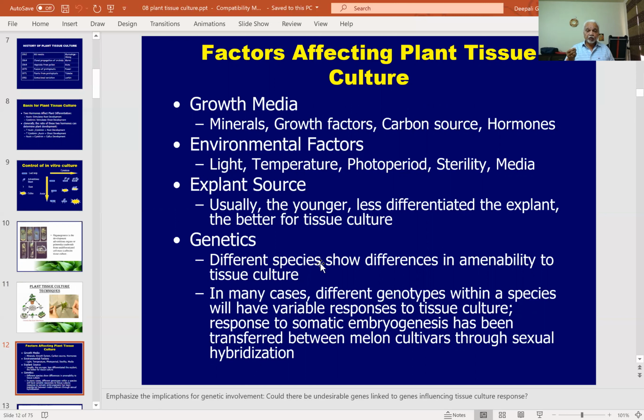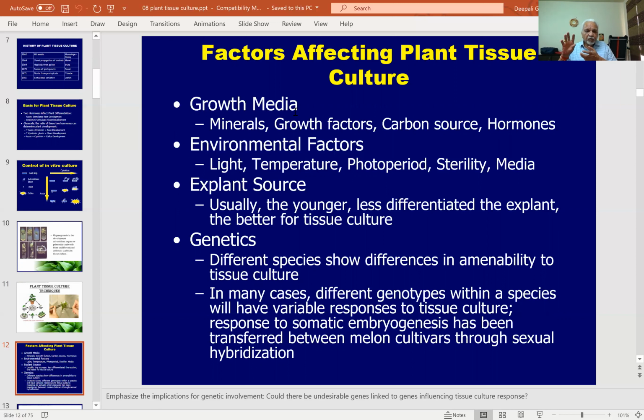Explant is the source, I mean the tissue with which one starts, and then the genetics of the mother plant or the source plant. So these are the four factors which play a very, very crucial role in plant culture technique.